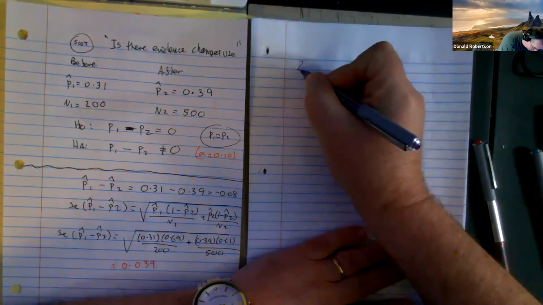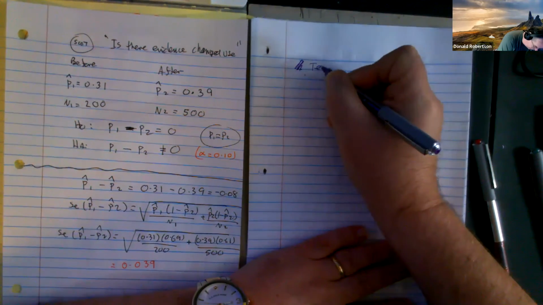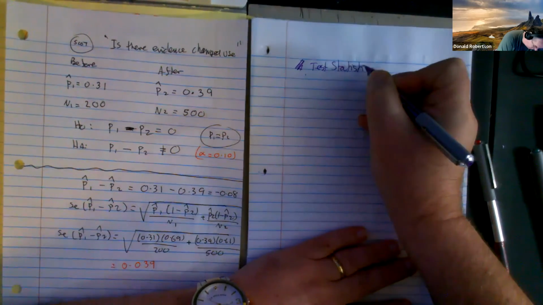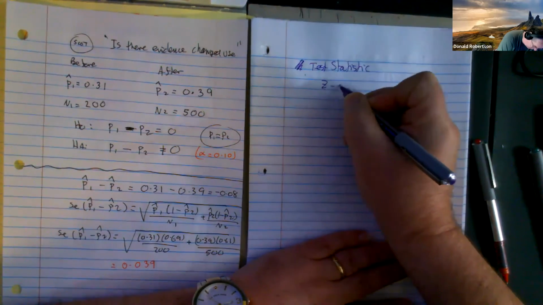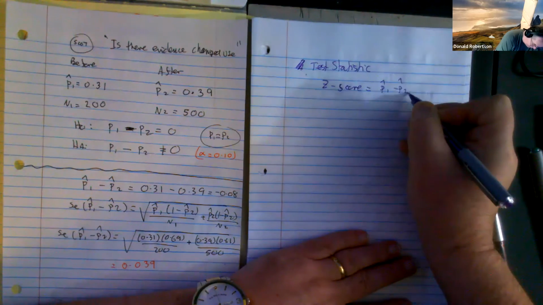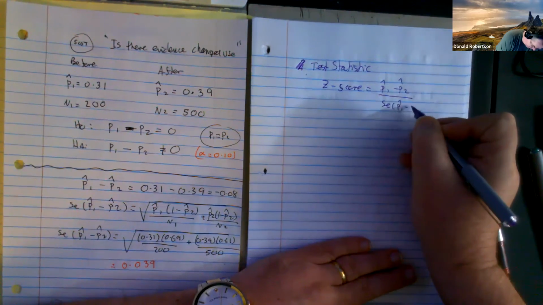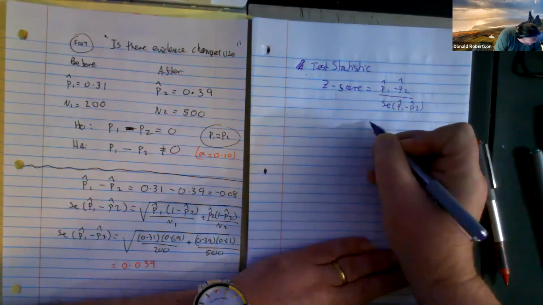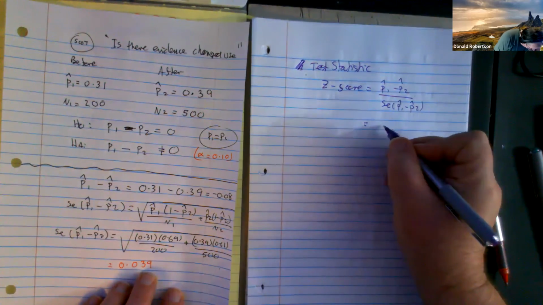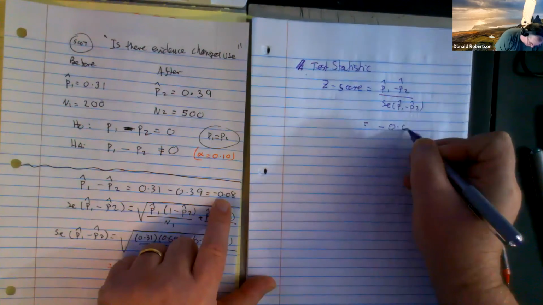So our test statistic, which is called the Z-score, is the difference in the proportions divided by the standard error. And the difference that we got here is negative 0.08.